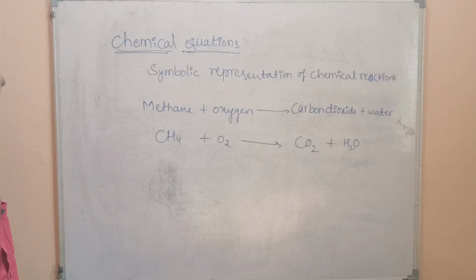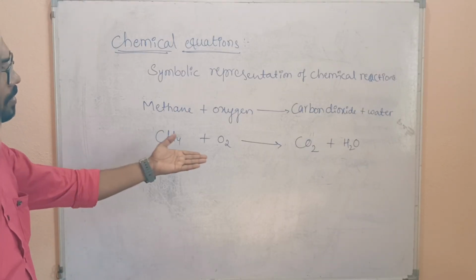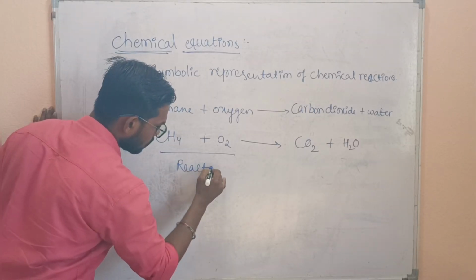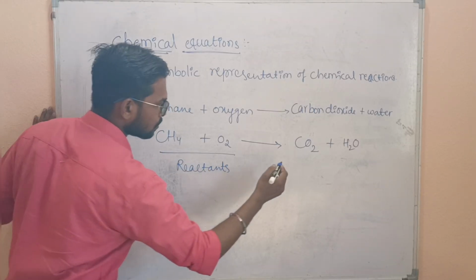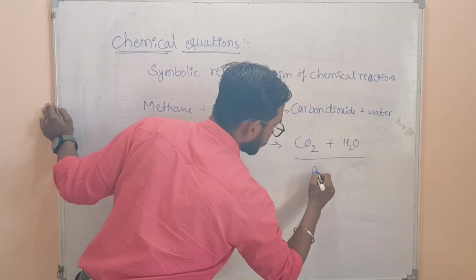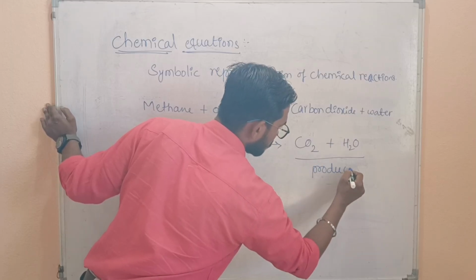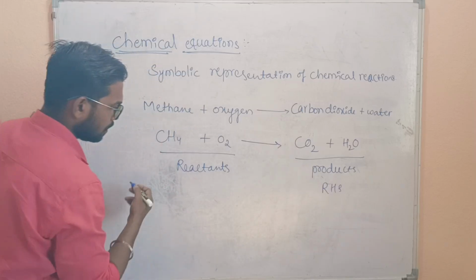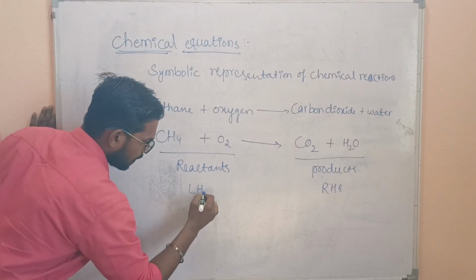So here we got this result: these two are the reactants, and we are going to study that again, and these two are the products. The product side will be the RHS and the reactant side will be the LHS.